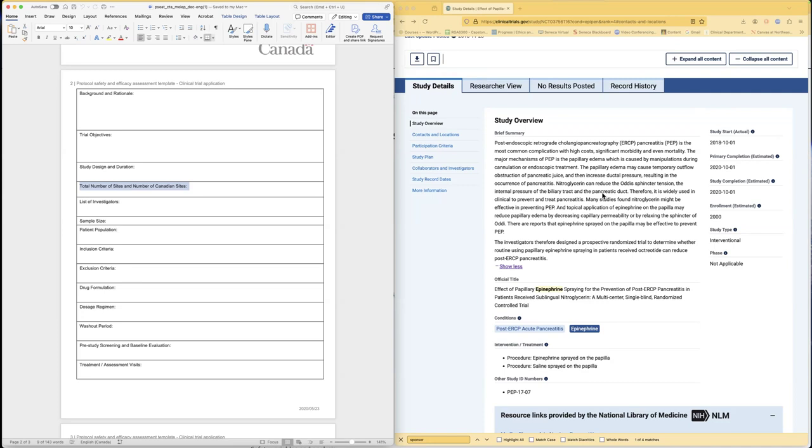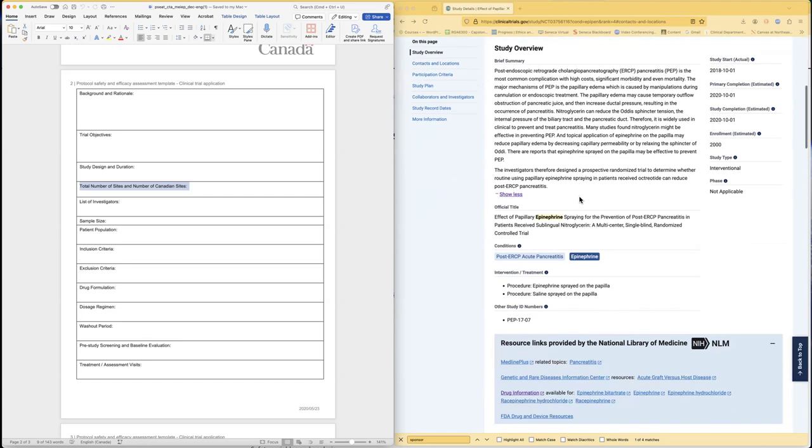So if this is for an exercise, obviously, if you're a student, you will need to have found some studies on a clinical trial for this type of product with at least one site in Canada, okay? If, again, you are a professional and you are working on the PSEAT, obviously, you already have this information in your regulatory files. So we are going to look into the number of sites.